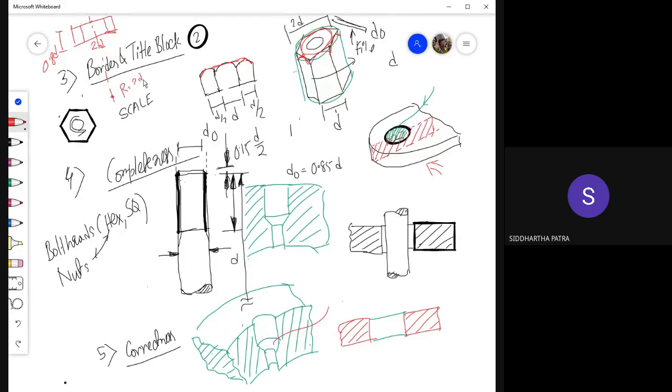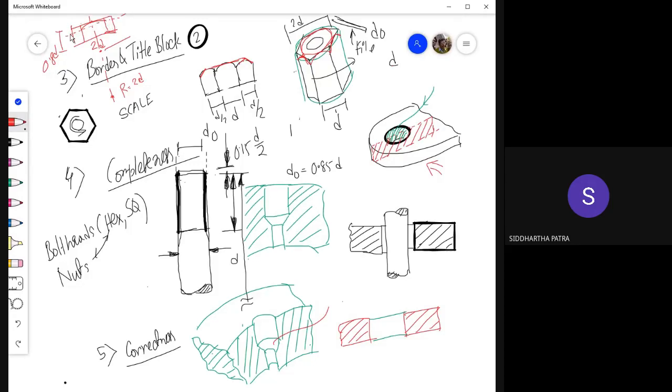I don't know what has been given in the textbook. So draw an arc with that radius. If it is 1.5D, that would be somewhere over here. So that is the radius. So draw that arc. That is the second vertical level.